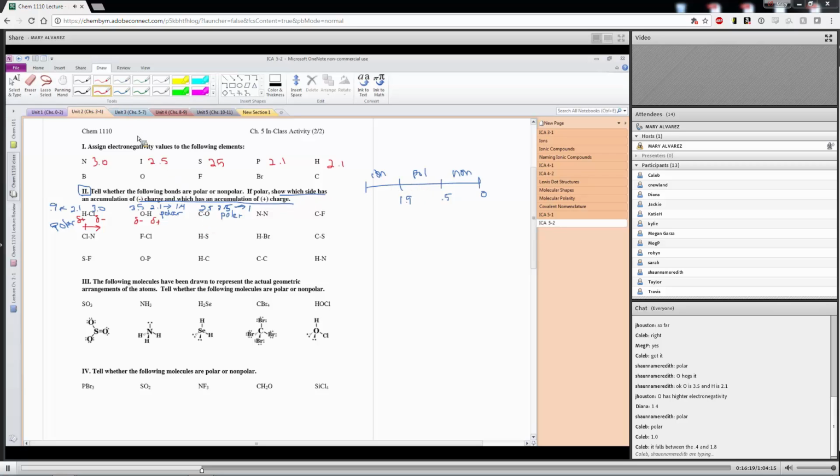So which side gets the partial positive? Yeah, the positive is going to be the one that is lower. So the partial positive goes on the carbon, partial negative on the oxygen because it has a higher value.